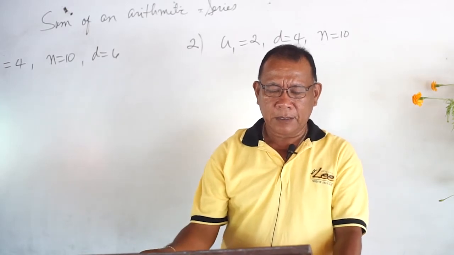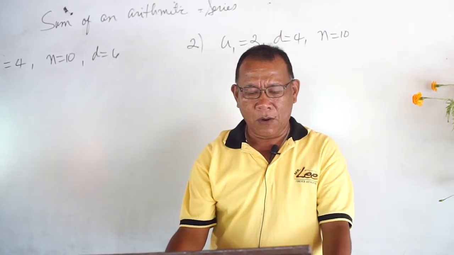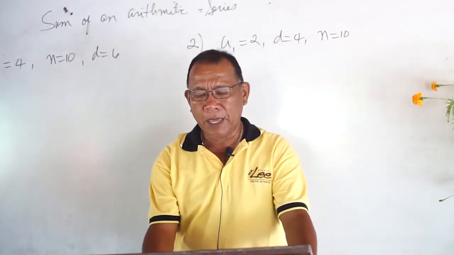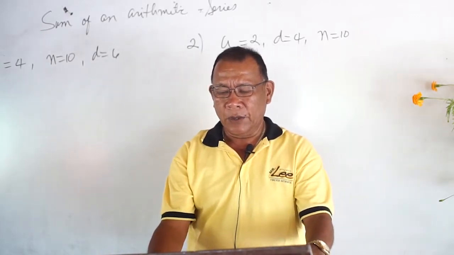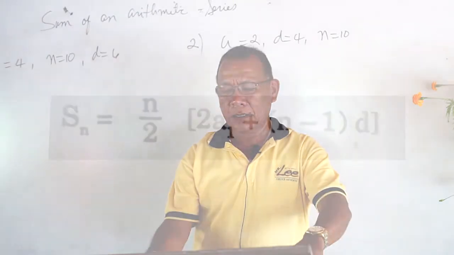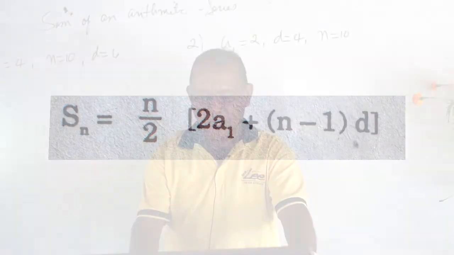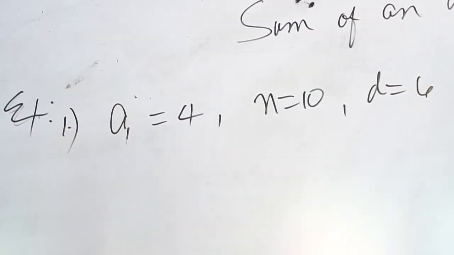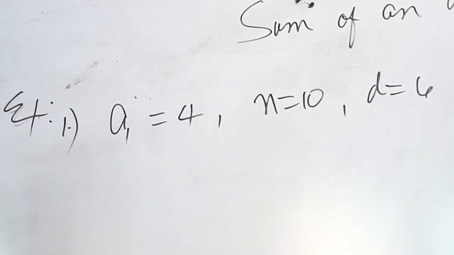The first topic that I'm going to discuss, we have the sum of arithmetic series. In solving the sum of arithmetic series, the formula, like for example, a subscript 1 is equal to 4, then n is equal to 10, then d equals 6.